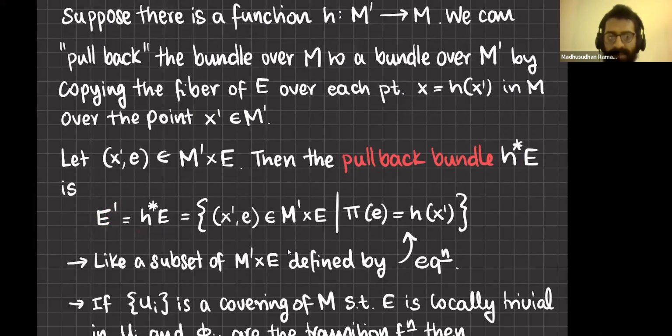Using the function h, it is given by the set of all points x prime comma small e in M prime cross E, such that the projection of the point small e, which sits in E, is given by h acting on x prime.